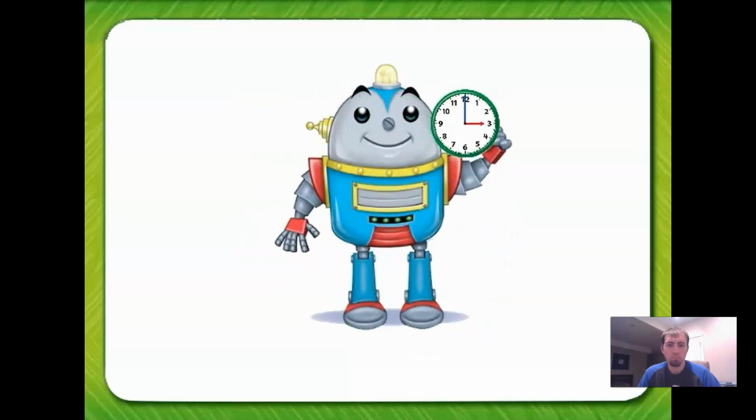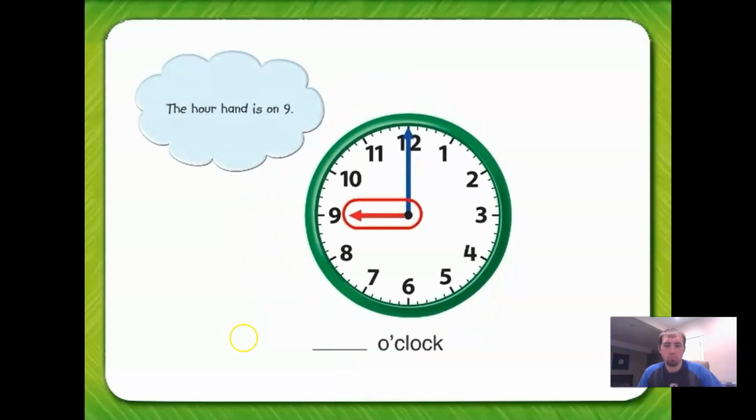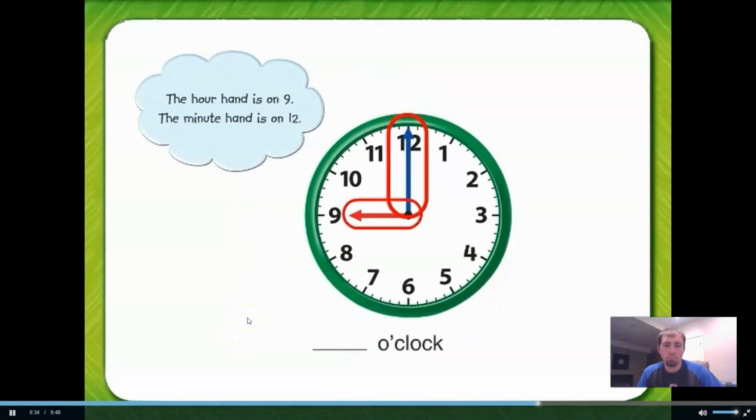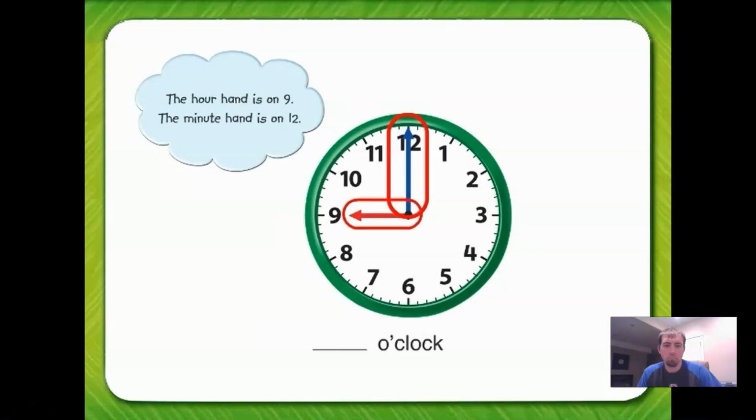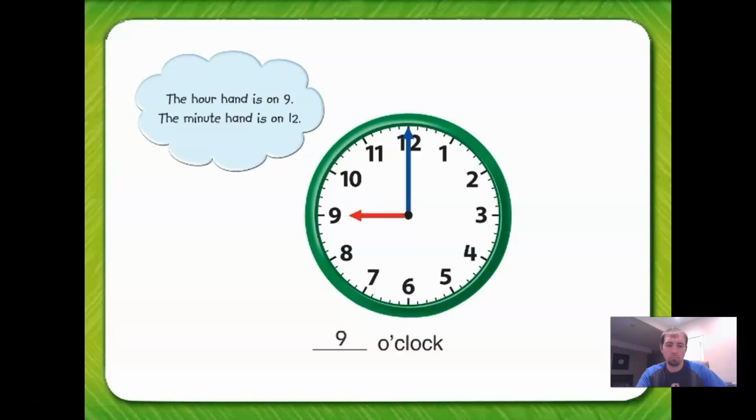It is 3 o'clock. Look at the clock. What time is it? The hour hand is on 9. The minute hand is on 12. The new hour starts on 12, so there are no minutes to count. It is 9 o'clock.